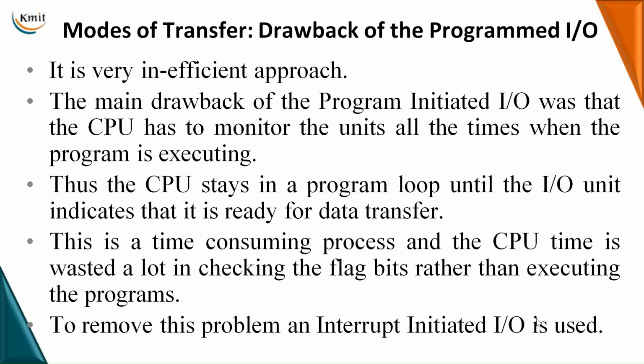Here the CPU is wasting its time checking the flag bit rather than executing programs. If the flag bit is set, then it has to transfer the information to the memory unit. So a lot of the CPU's time is being wasted, which is a major drawback of programmed IO.